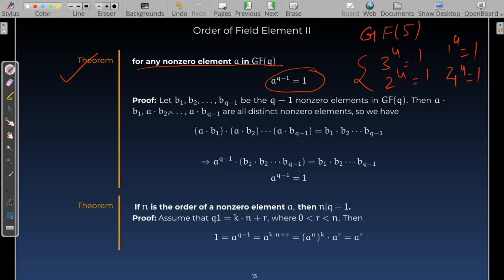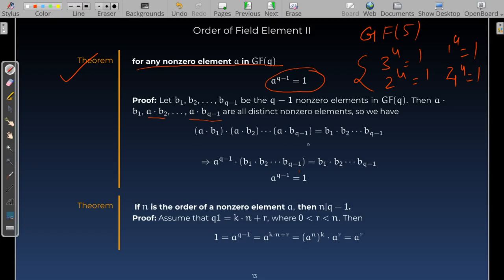Let's say that there are q minus 1 non-zero elements and those elements are b1, b2, up to b(q minus 1). If you multiply them together, the result is going to be something. Let's say that value is x. So if you multiply distinct elements of the field GF(q), you are going to get some element. Again, if you have a, then a times b1, a times b2, up to a times b(q minus 1) are all going to be non-zero elements, and they are all going to be distinct.